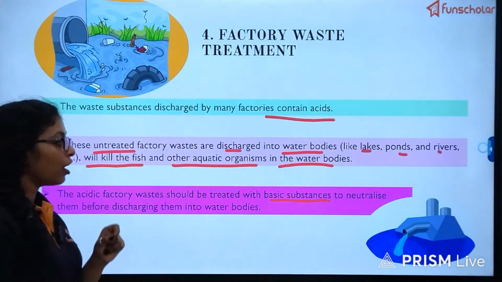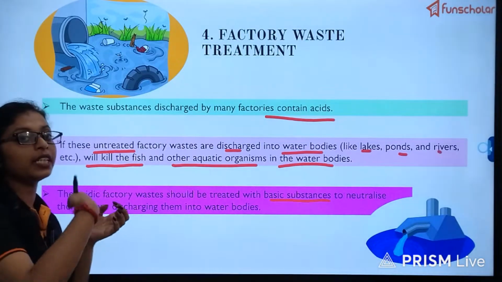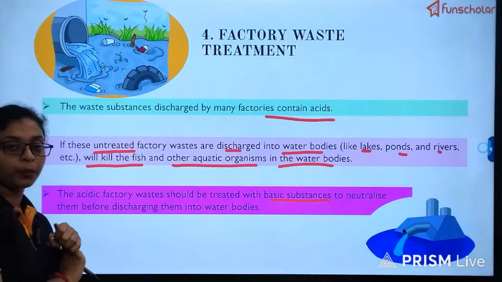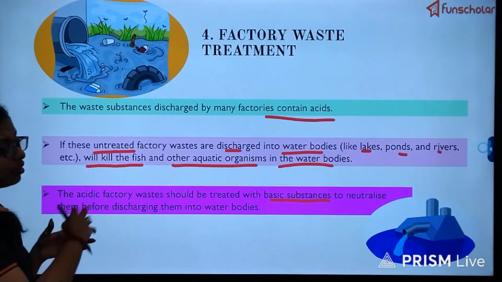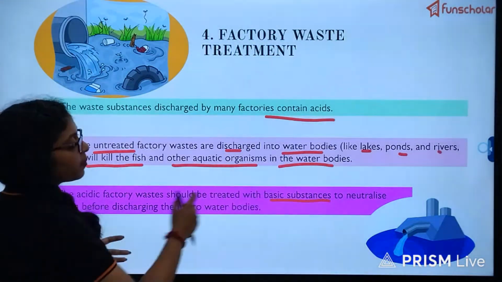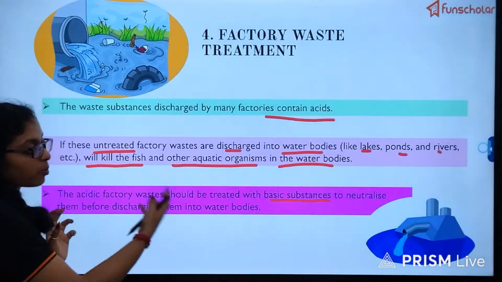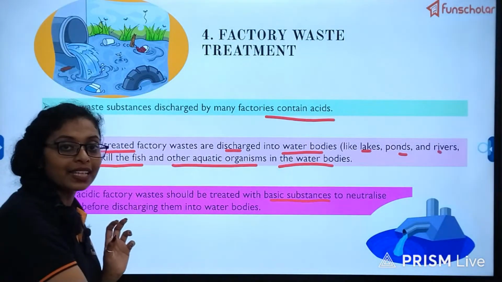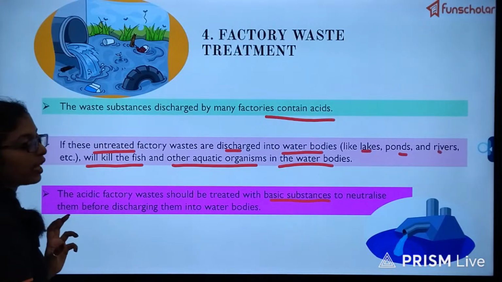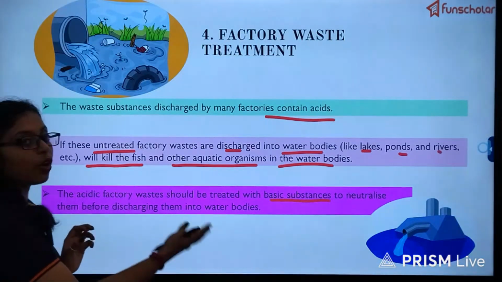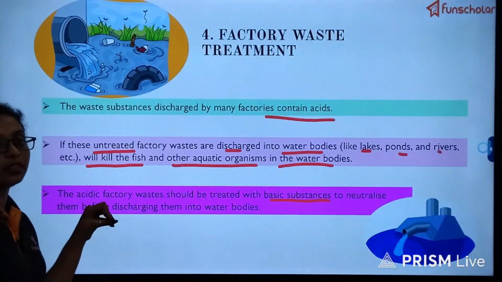What needs to be done? Before releasing the waste, the factory needs to mix some basic substances with it, so that these basic substances can cancel out the acidic properties and neutralize it. Then after the release, it will not create such a hazard in the water.